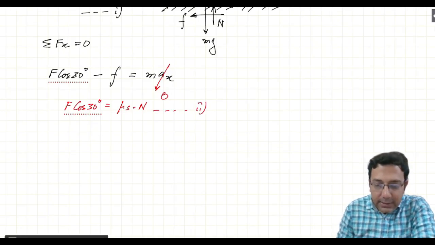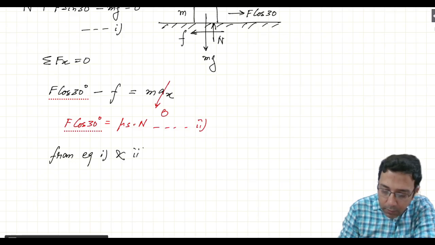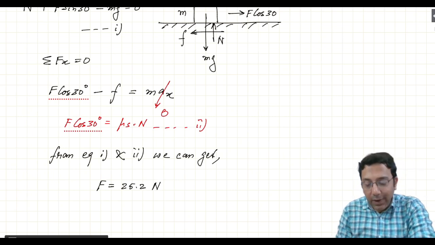Now if I just substitute the value of N from equation 1 into equation 2, we can get the value of F to be 25.2 Newton. Okay, 25.2 Newton.